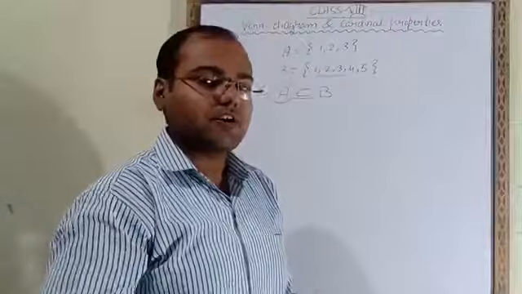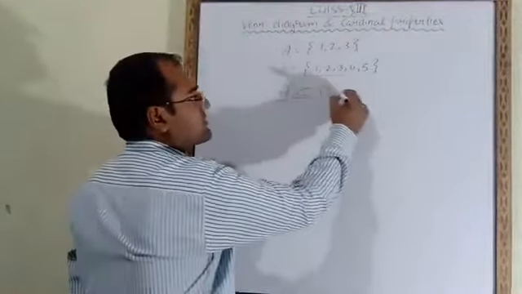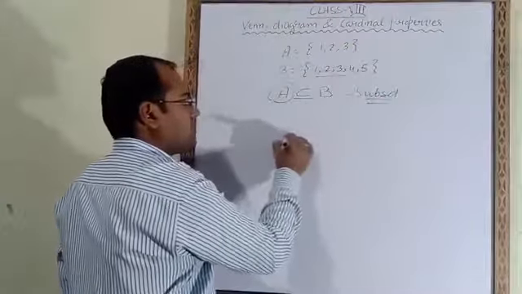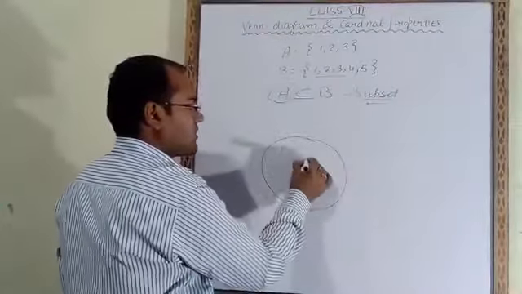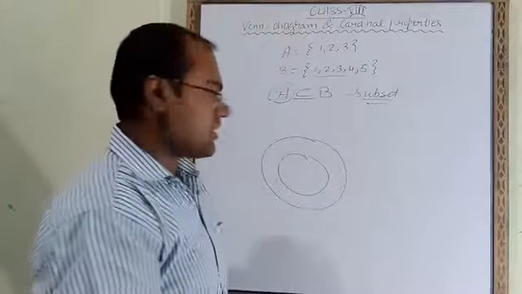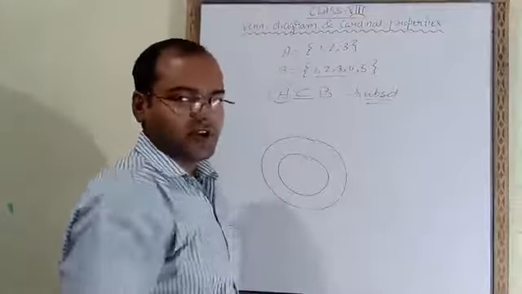Now how will we represent it with a Venn diagram? In order to represent a subset with a Venn diagram, you have to draw two circles like this. First circle, and inside that another circle, the second circle.